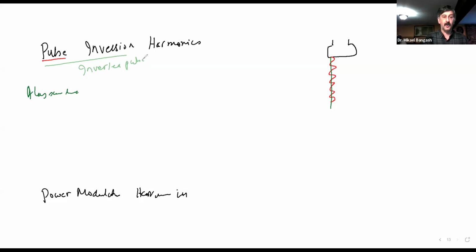A pulse that is opposite to the first pulse. So there's going to be a pulse which will be inverted to it. Did that make sense?